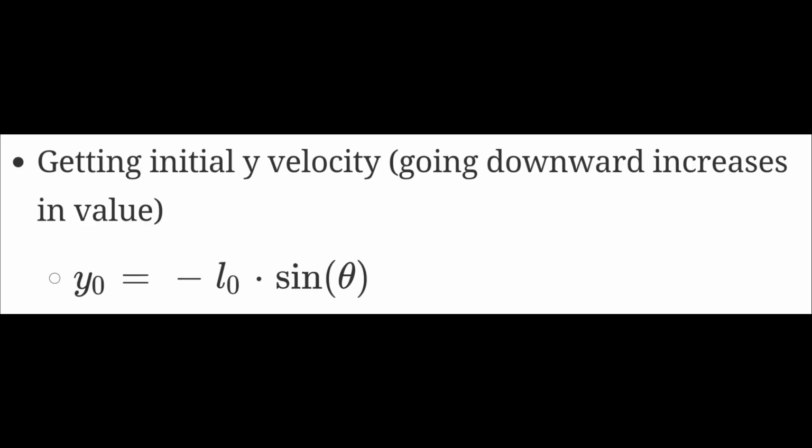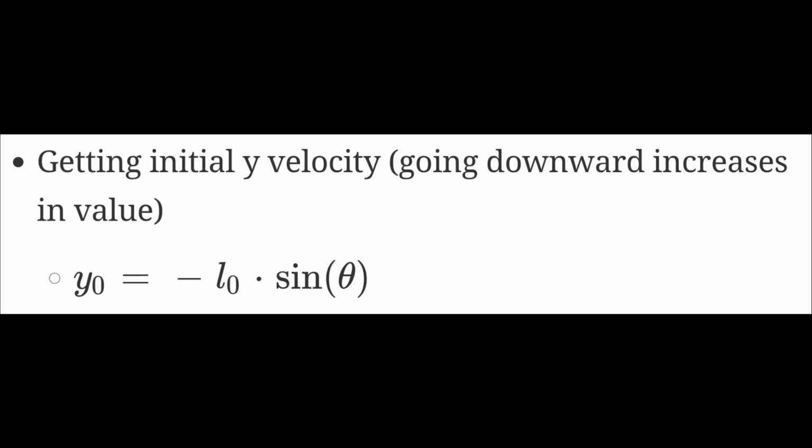And this is how we're going to find the initial y velocity. So y0, the initial value for y, is going to be equal to negative L initial times sine of the angle that we got earlier, the angle of the trajectory. L0 is, if I have to explain this, an initial value that's going to be multiplied to make the velocity higher or lower.